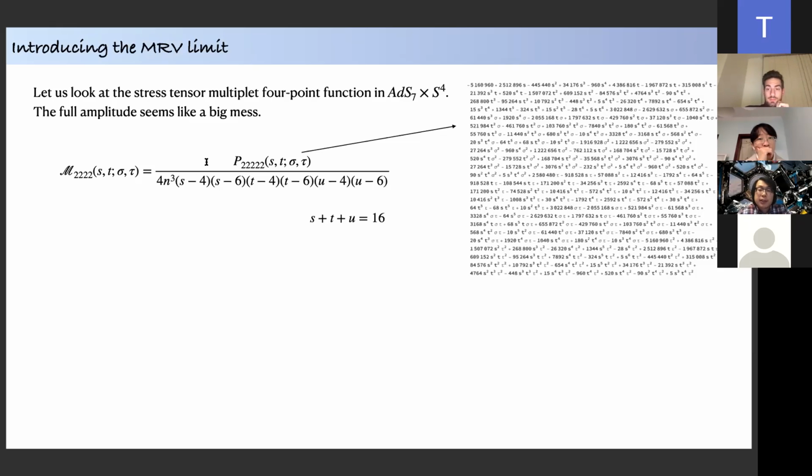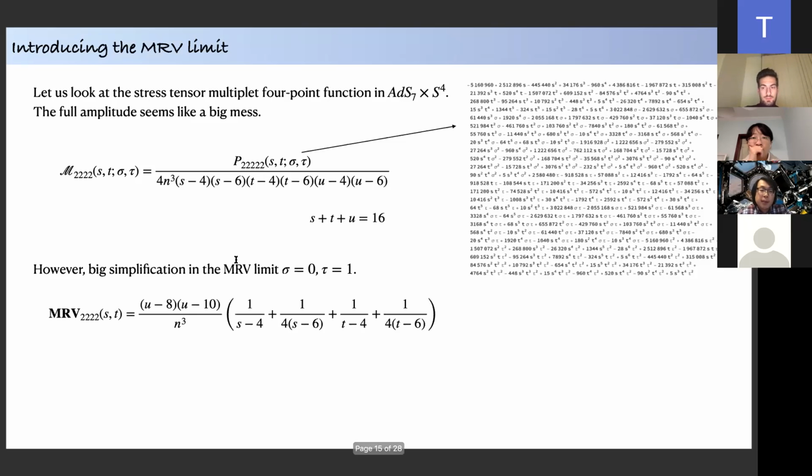And as you can already see, this simplest correlator is already quite complicated because we have this huge numerator here. But magic happens if we take this MRV limit. If we set sigma equal to 0 and tau equal to 1, we find this complicated expression becomes a very simple expression that can fit into one line.